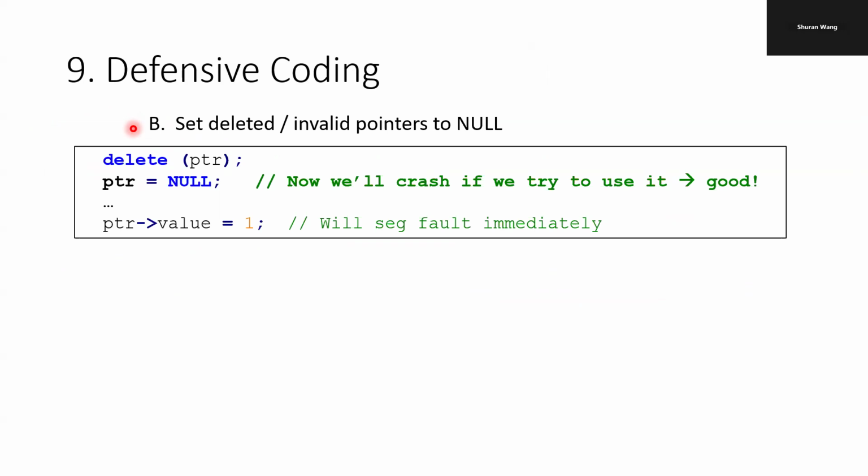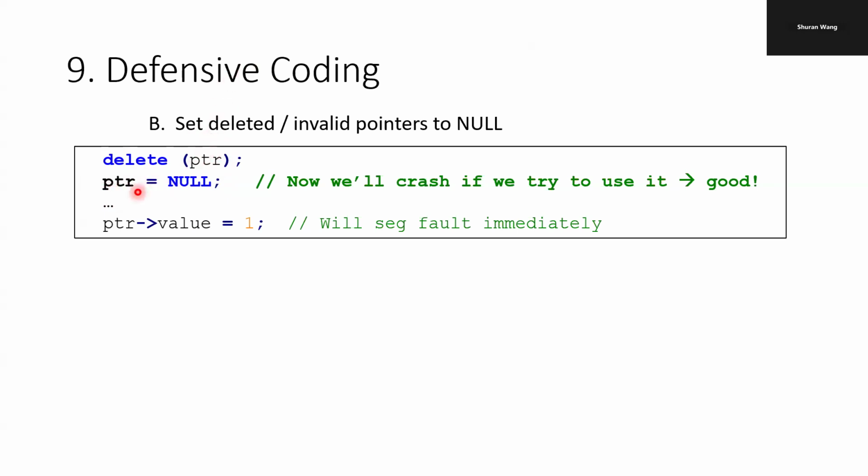Other than assertions, this is something that you always have to do with pointers. Whenever you delete a pointer, set that pointer to null immediately, unless you know for sure that this pointer will not be reused by anyone else. Because this pointer might be a shared pointer with someone else, might be reused by someone later.